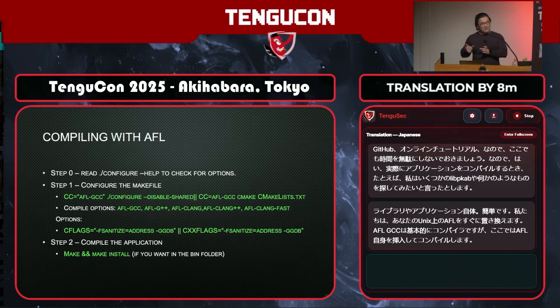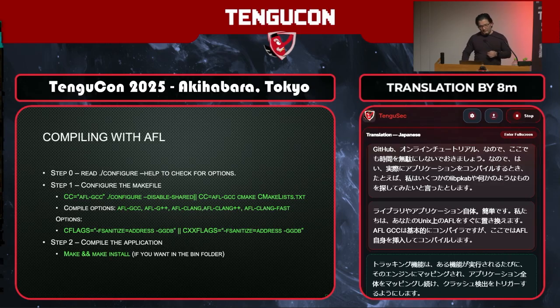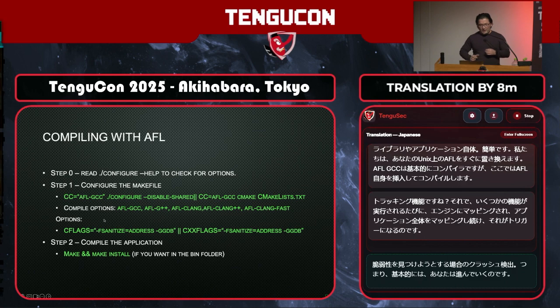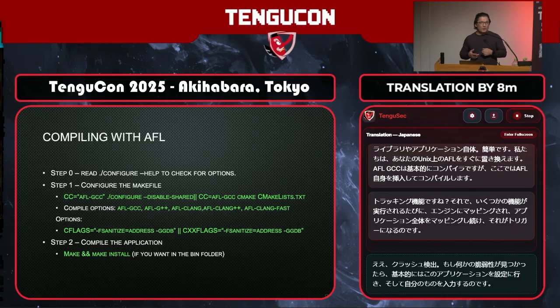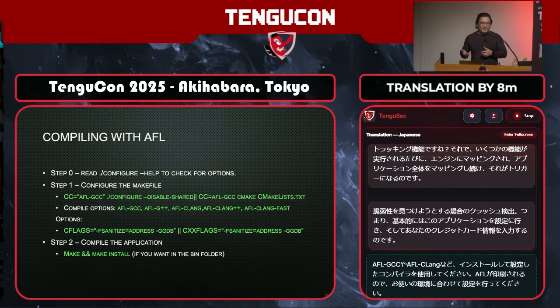It keeps mapping the whole application as it goes, and it triggers the crash detection if it finds some vulnerability. So you configure the application, and then you set your CC compilers as AFL-GCC or AFL-Clang, or whatever you have installed and configured. Treat AFL as your compiler, okay? And then it's going to do the rest afterwards. I'm going to show you later.